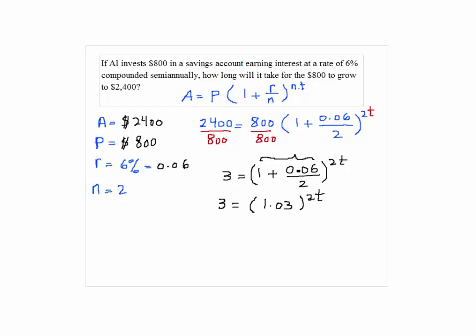So in order to solve for t, we can take a log of both sides. The left-hand side would be log of 3, and the right-hand side would be log of 1.03 to the power of 2t. What property did we learn?